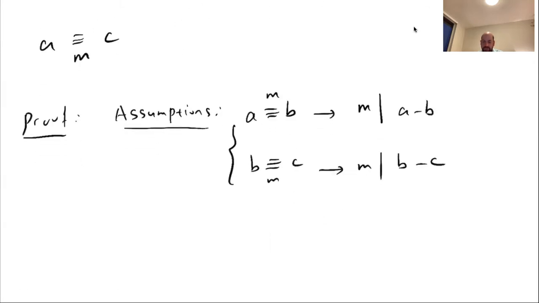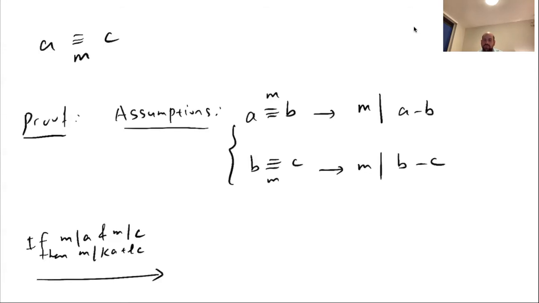Now we know from a property from before that if M divides A and M divides C, then M divides, let's say, Ka plus Lc. You remember this property we saw at the beginning of the lecture, when we talked about divisibility?